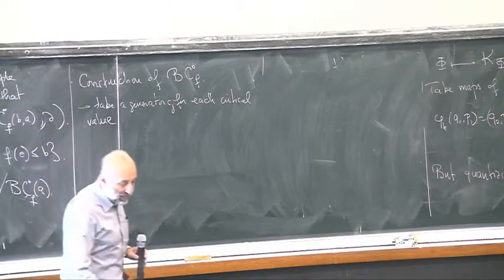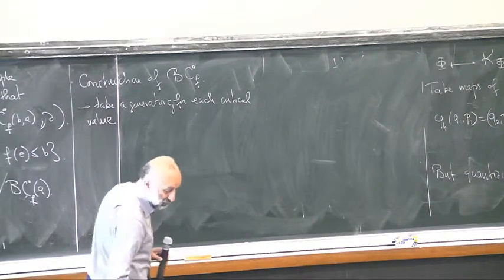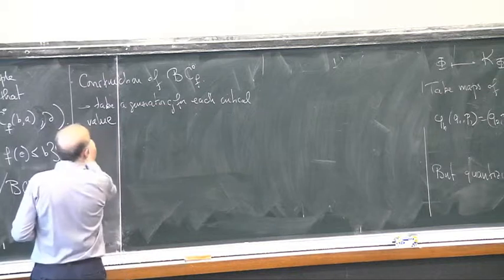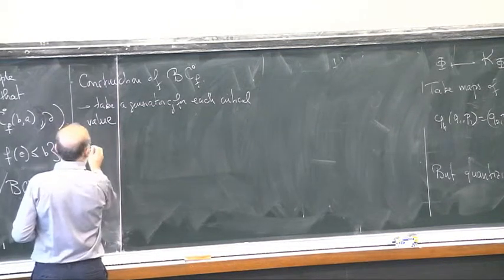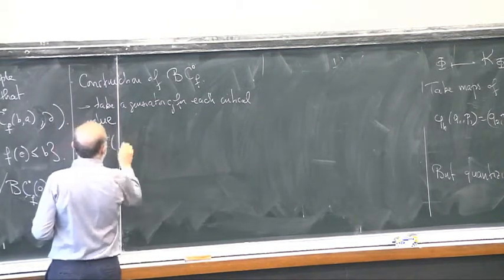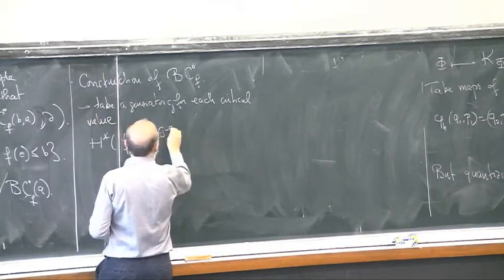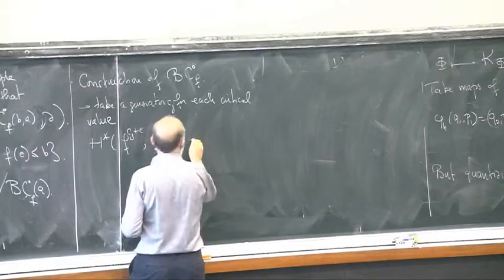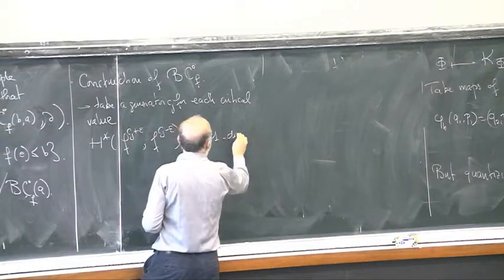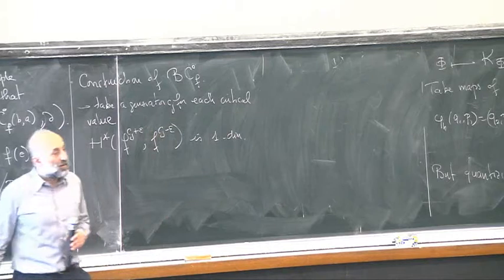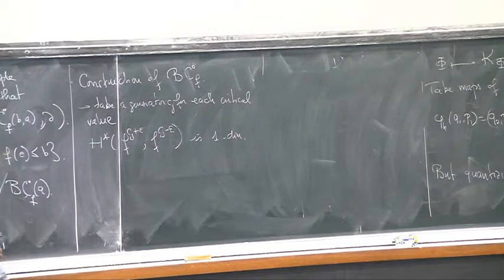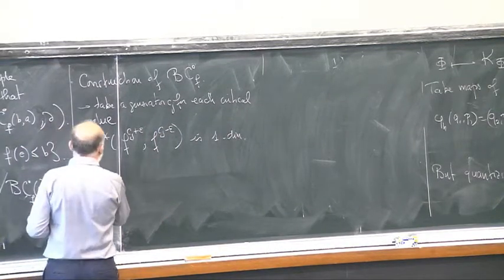And then I'm going to look at the map. It's a Morse function, so the cohomology of f Cj plus epsilon mod f Cj minus epsilon is one-dimensional. So now there are two possibilities.